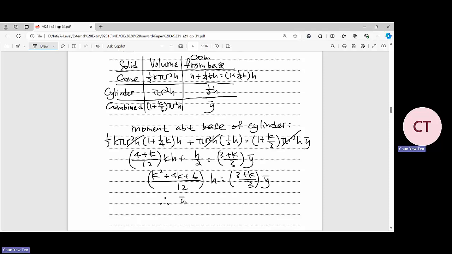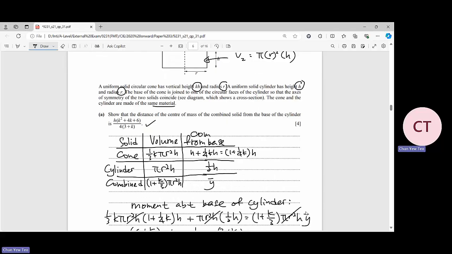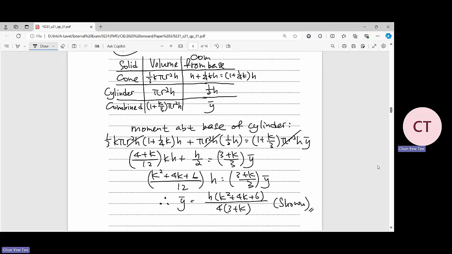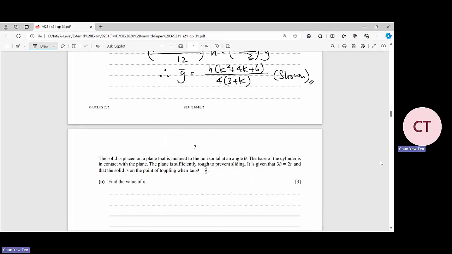So therefore your bar y is actually h k square plus 4k plus 6 over the 4 of 3 plus k. This is the expression that they want you to show, just like that, done for part A. Okay, now moving on, part B.